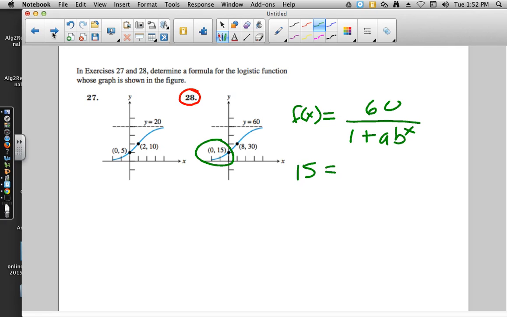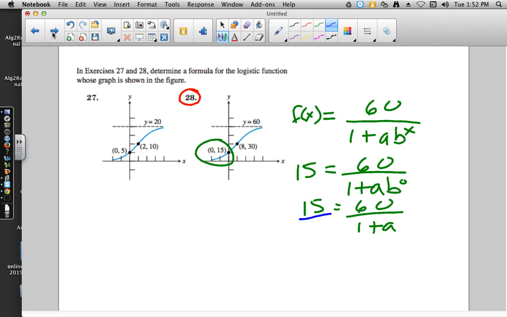So 15 is what we will get if we've got a 60 over 1 plus some value of a, and then b is to the x power, which in this case is 0. So we will have 15 equals 60 over 1 plus a, because anything to the 0 power is 1.